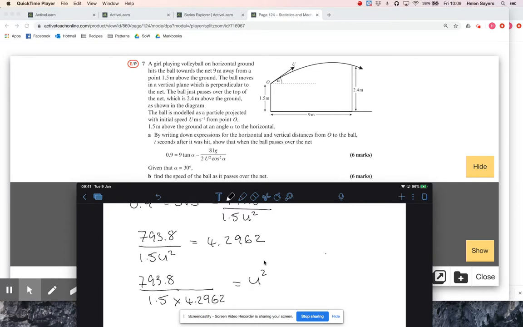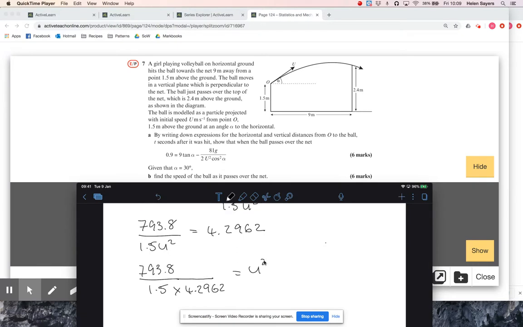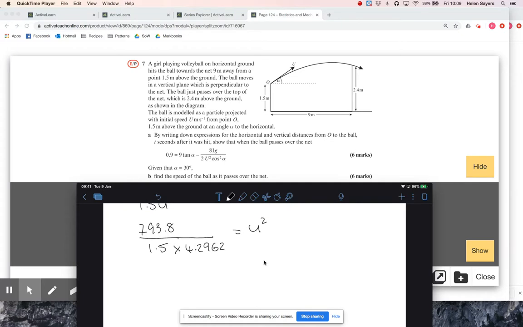Okay, you may do those steps in a slightly different order, but as long as we get to the same point, we're fine. And in fact, I haven't cleared the 4.2962 from my calculator, so I don't need to worry about losing accuracy. So I'm going to times that by 1.5, then I'm going to do 793.8 divided by that answer, and that gives me u squared is 123.18.